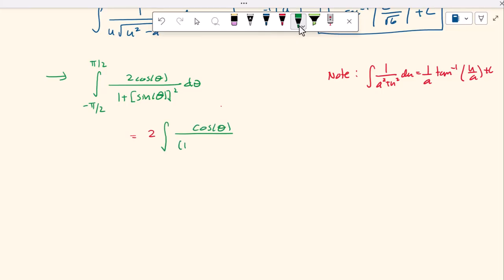I'm going to rewrite the 1 as just 1 squared just so it fits that form nicely. So u would equal sine of theta. Du is equal to the cosine of theta d theta.